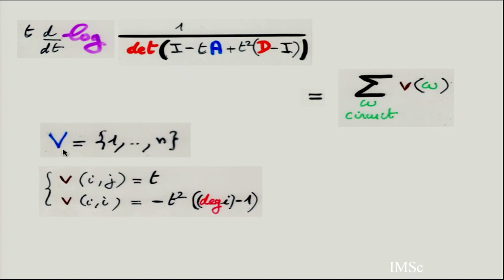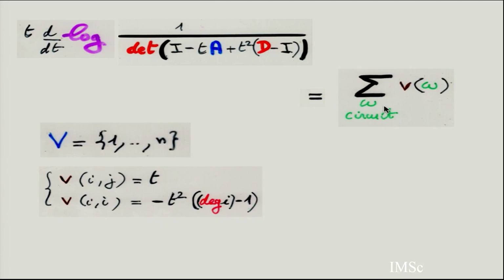So what is the weight V? Let's take the vertices of the graph to be 1 to n. The weight V of ij equals t, as usual. But now for the diagonal term, there is a correction. It's minus t squared multiplied by the degree of the vertex i minus 1. So what does a circuit or path like this mean?